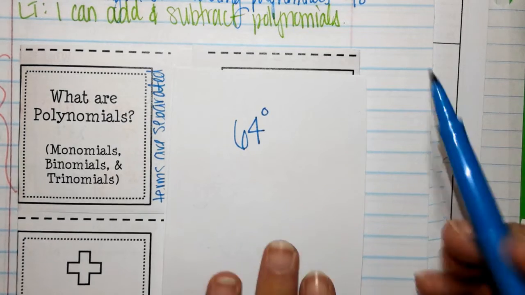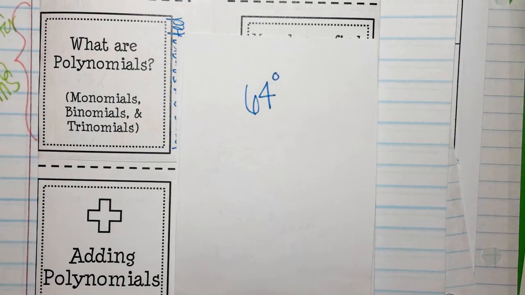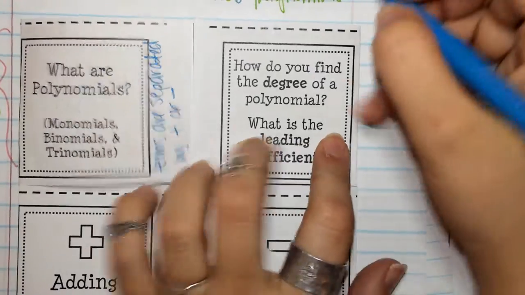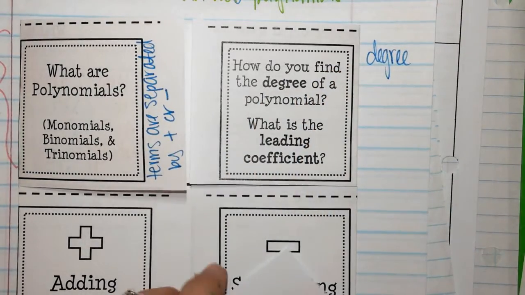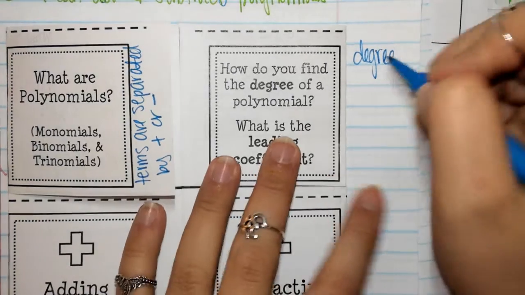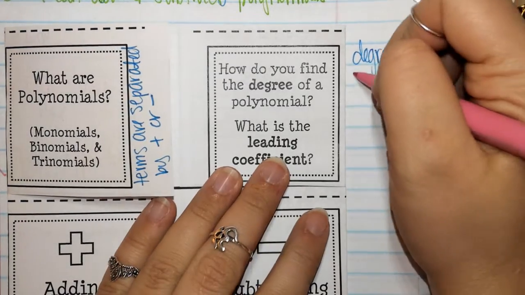So what do you think the degree is in a polynomial? The exponent. Fantastic. Take a point. So, degree. Now, do you think it's going to be just any exponent, or is it a specific one? A specific one. And it is the highest exponent of a polynomial.